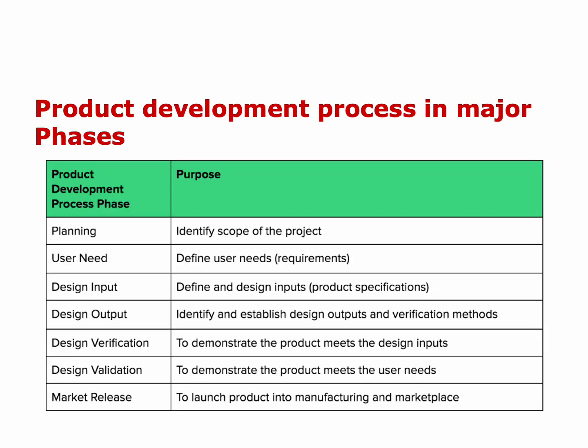Now let's go over the purpose for each of those, I would say, steps that we talked about. So when you're talking about planning, we need to document and identify the scope of the project. So this is a project, and as a project, and of course you will need to know or learn about project management as well, we need to define the project.